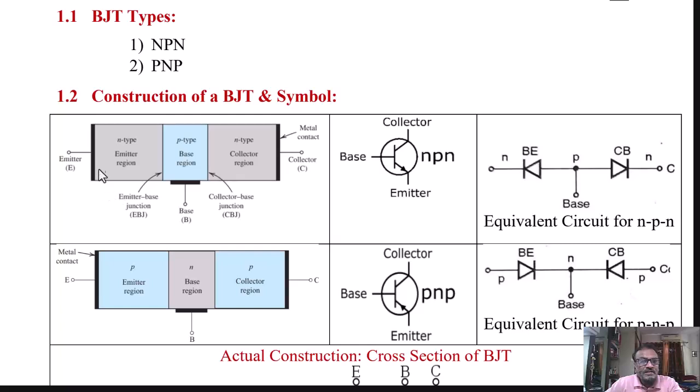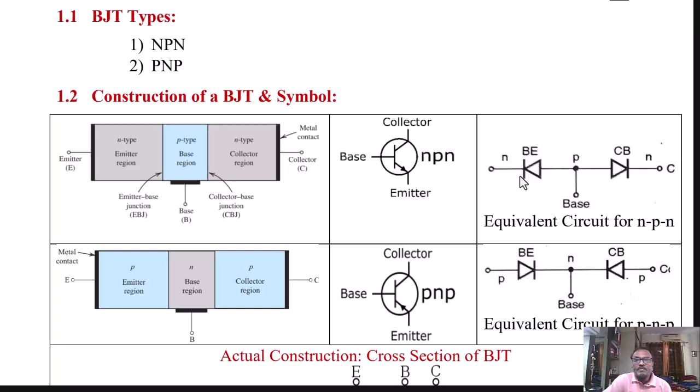The emitter region is called the emitter because it is the main source of charge carriers providing for conduction, whereas the collector collects the majority of the charge carriers injected by the emitter, and therefore it is called the collector.